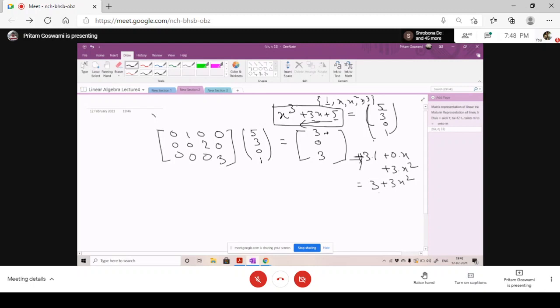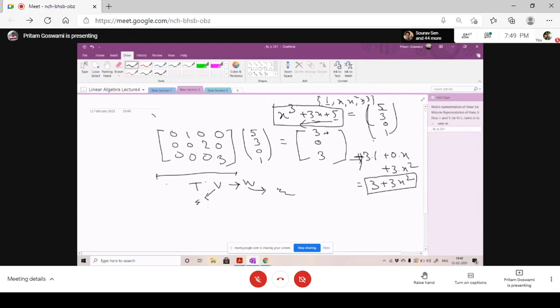So you basically got the result which the linear transformation gave you, right? So every linear transformation from V to W can be represented as a matrix as long as you have an ordered basis here and an ordered basis here.